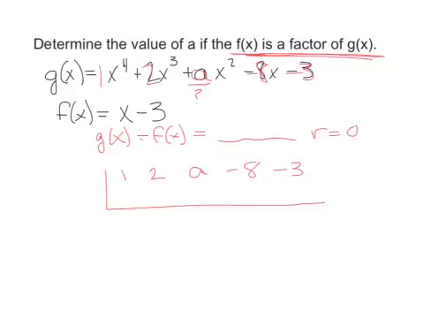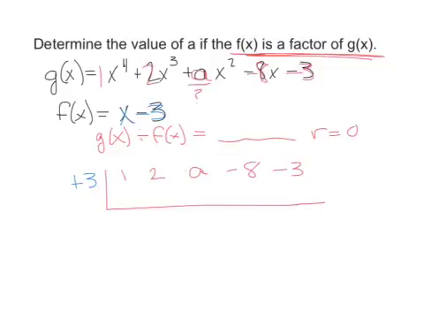Now, on the outside, remember, I look at what I'm dividing by, which is x minus 3, and I write down the 0 that relates to that factor. So positive 3.